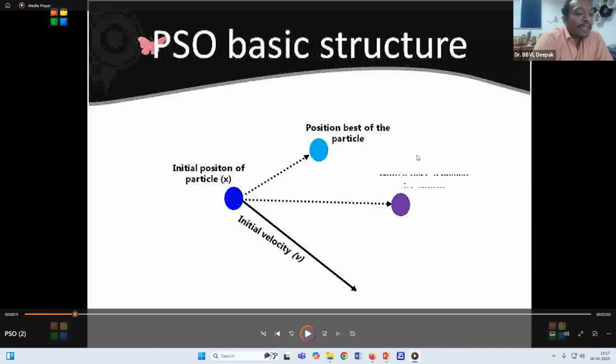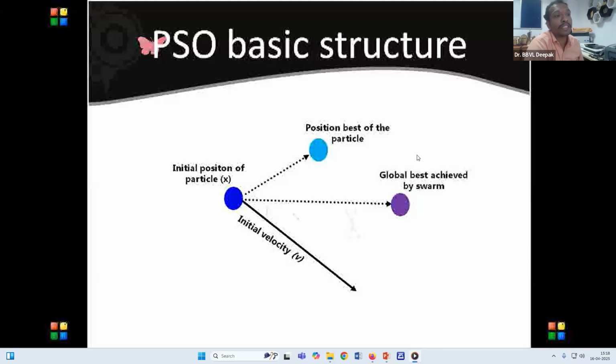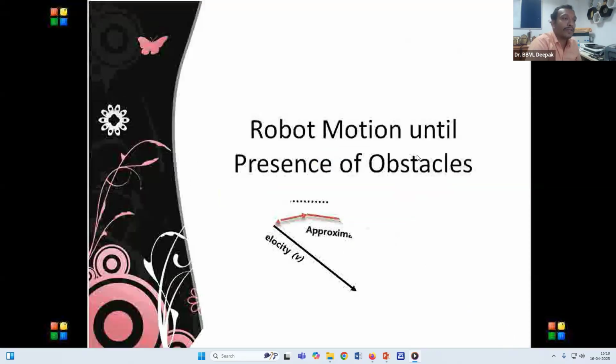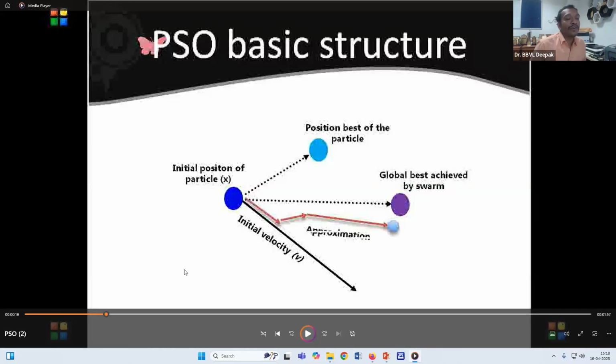Then there are n number of birds like this, and they communicate with each other and decide which is the best position among the swarm. Then the individual will try to approach the global best position. This is how particle swarm optimization works towards reaching the global best position.